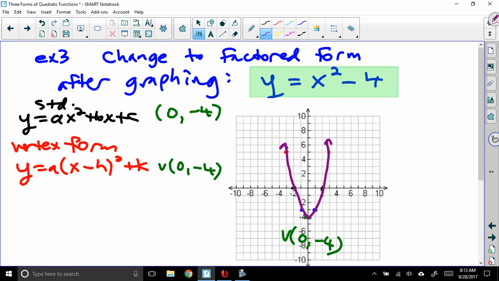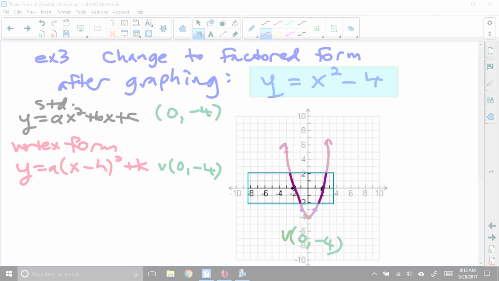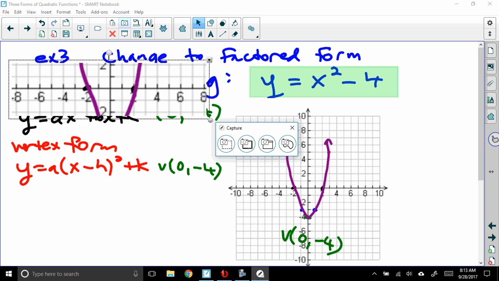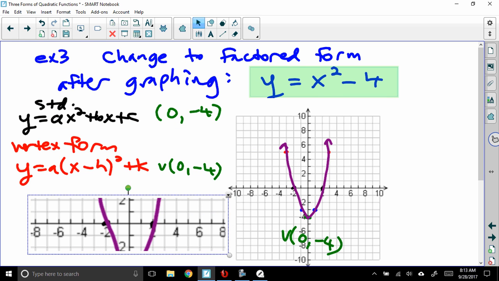If my smartboard cooperates, I'd like to zoom in on that area. I want to send that to the current page. Do you see what my x-intercepts are? Negative 2 and positive 2, right?